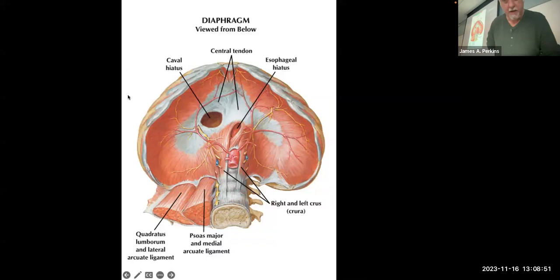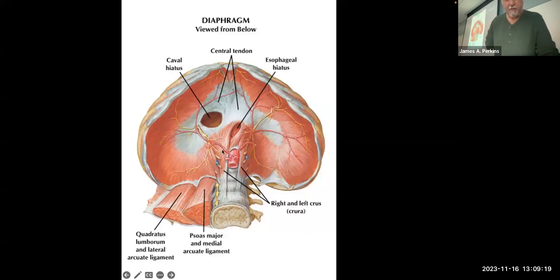And these are two bands of muscle that originate from the lumbar vertebrae and help to form the hiatus for the esophagus as well as the hiatus for the aorta. So there's a left crus, which lies on the left side of the aorta as it passes from the thorax into the abdomen. And then there's a right crus that lies on the right side of the aorta.